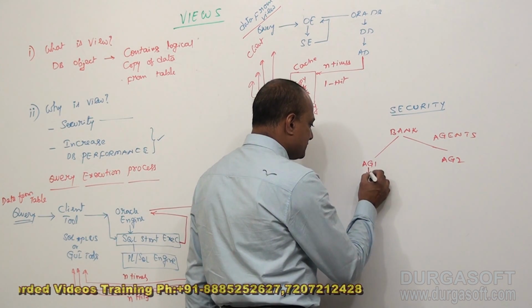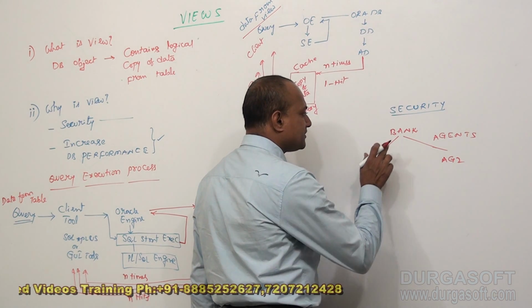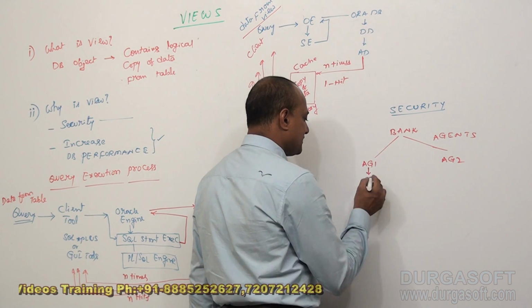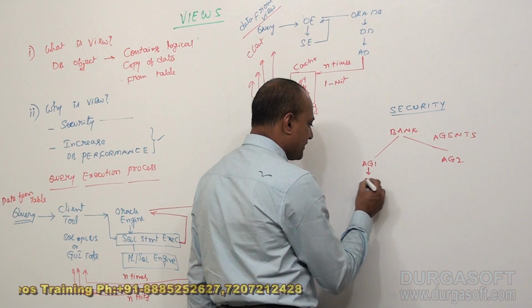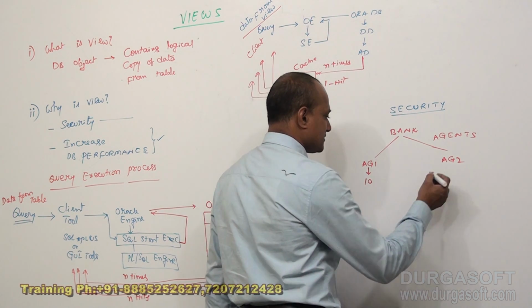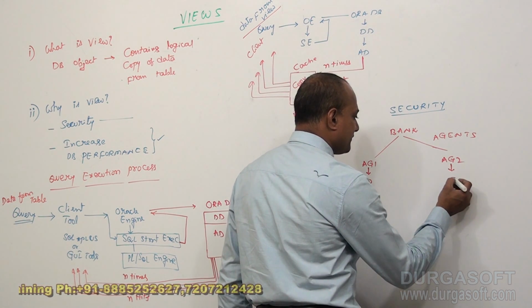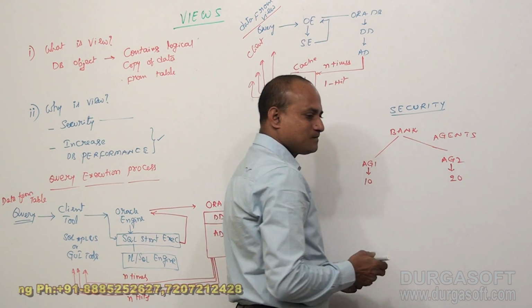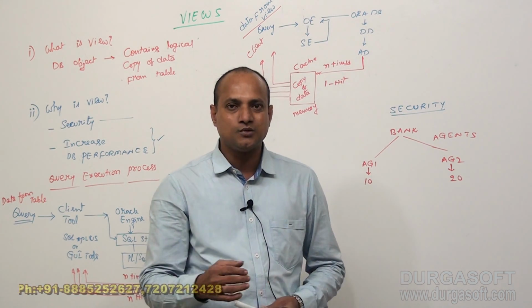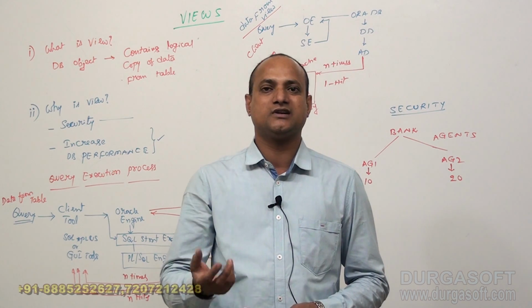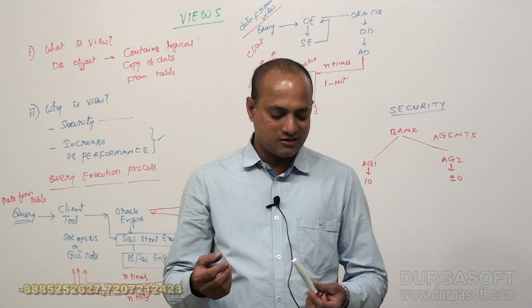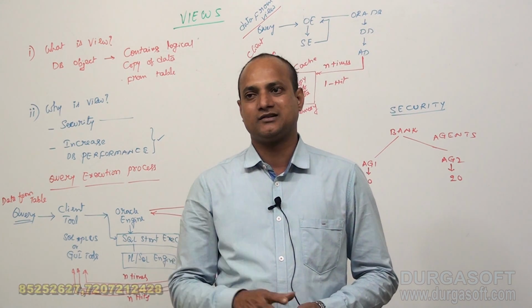Through agent 1, some people got the credit card from the bank. Agent 1 has 10 customers. Agent 2 has 20 customers. Through agent 1, some people got the credit card, and through agent 2, some people got the credit card.